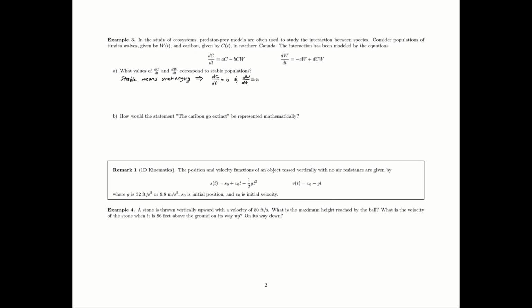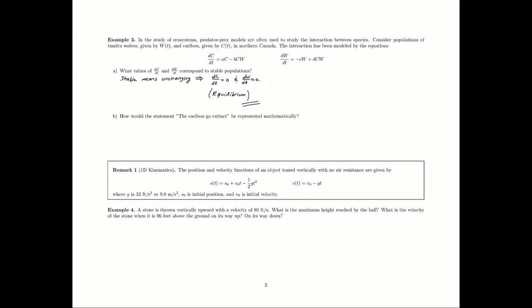In this way, they're in balance. They are in equilibrium. If you do take a differential equations course and you do qualitative analysis, we would call the location where this happens, the values of capital C and W where this is true, an equilibrium point of the system.